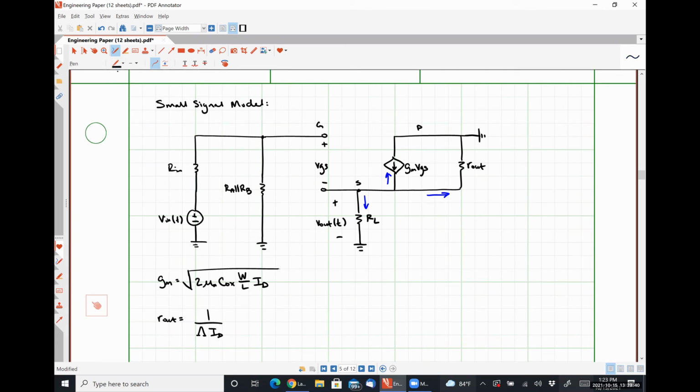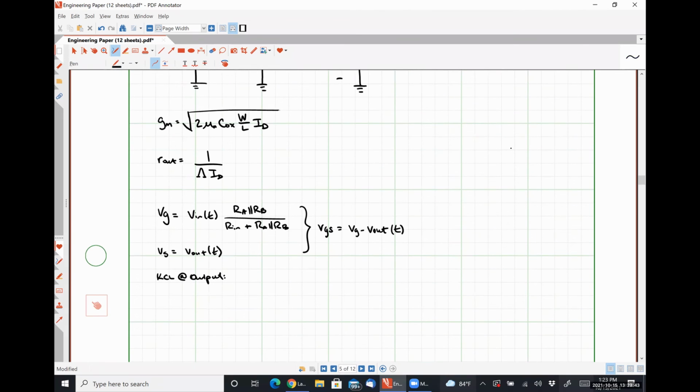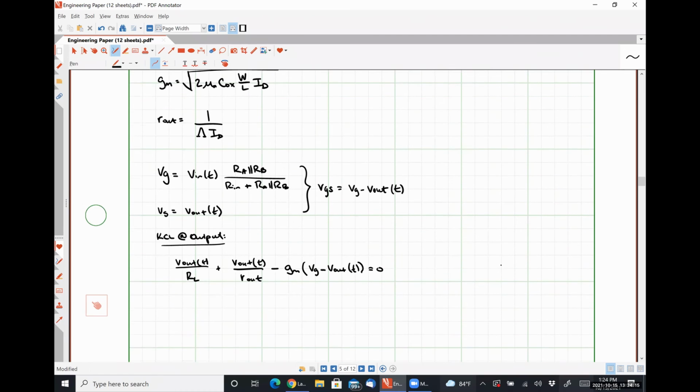So what that's going to look like is V out divided by RL plus V out divided by R out minus gm times Vg minus V out is equal to 0.